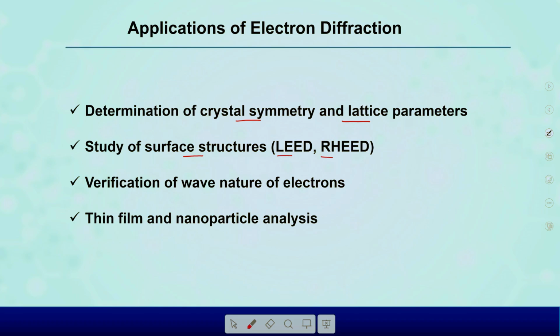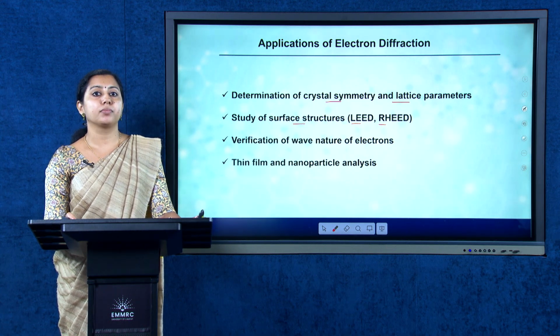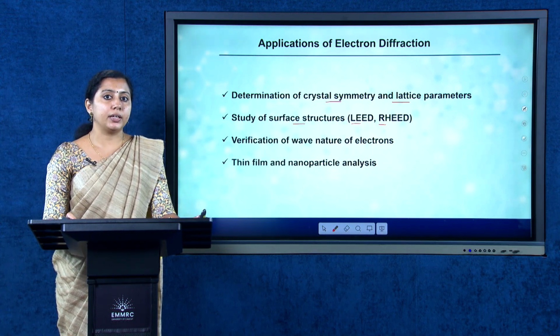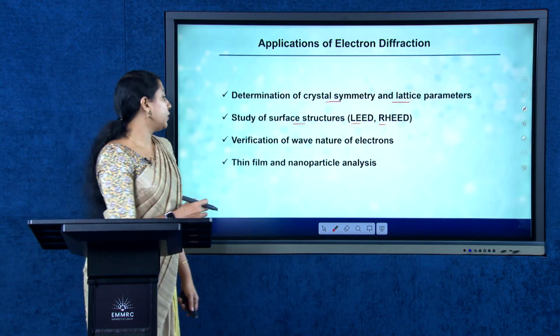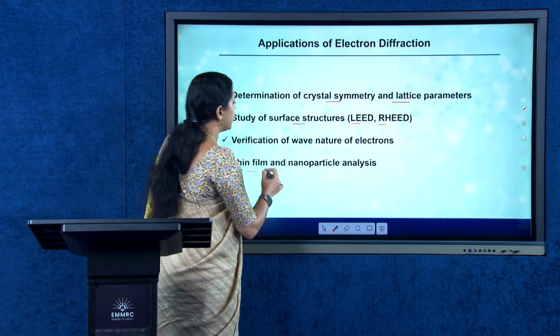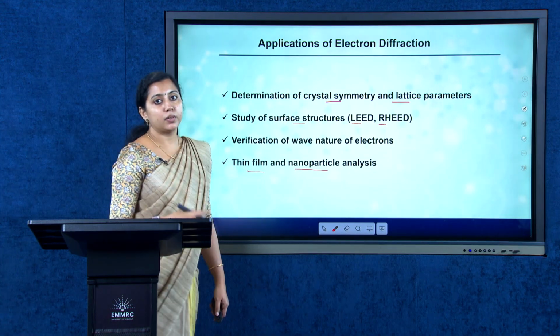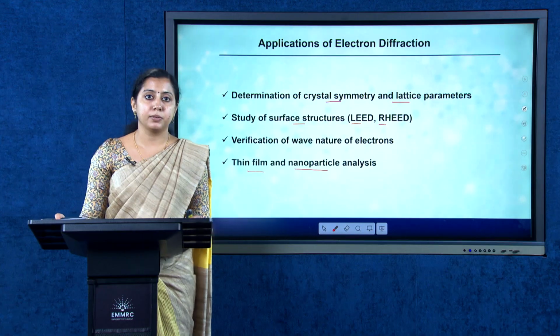This electron diffraction method is a direct proof of the wave nature of electrons. LEED as well as RHEED are widely used in the analysis of thin films and also in nanoparticle analysis. So, these are the applications of electron diffraction.